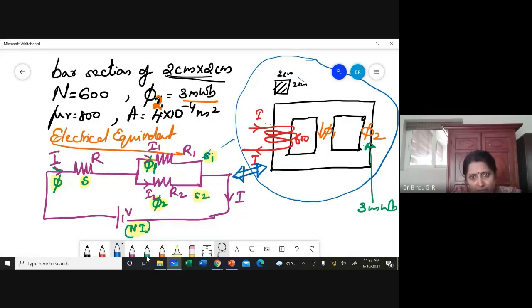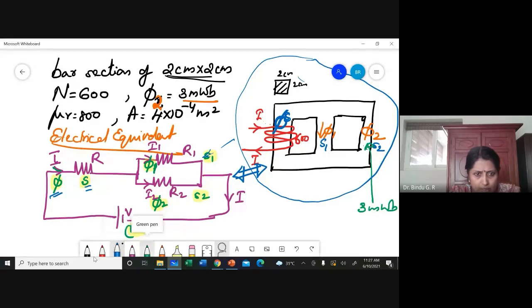Which means whatever flux I have, phi here, that is this flux. The reluctance of this path, S, is this. Phi 1, S1, this is phi 2, S2. Now, the dimensions are also given, okay? The lengths are also given, which I have not put here.